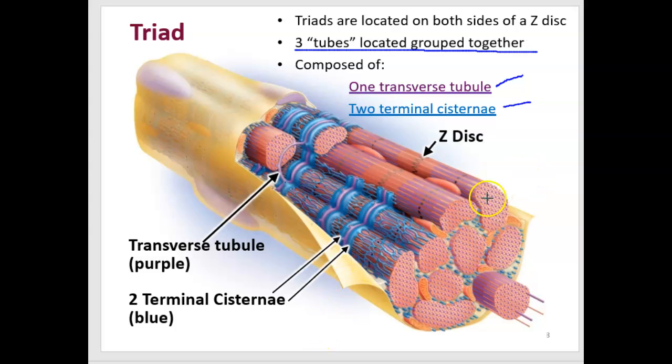Now you'll find these triads on either side of a structure called a Z-disc. And the Z-disc repeats down the length, through the width, and then recurs down the length periodically throughout this myocyte as well.